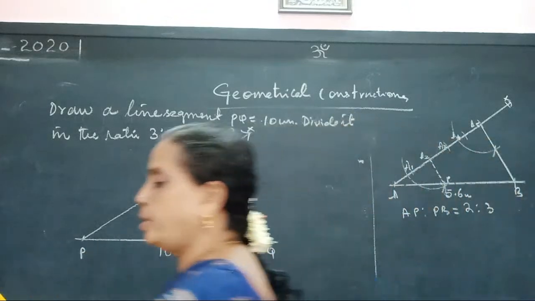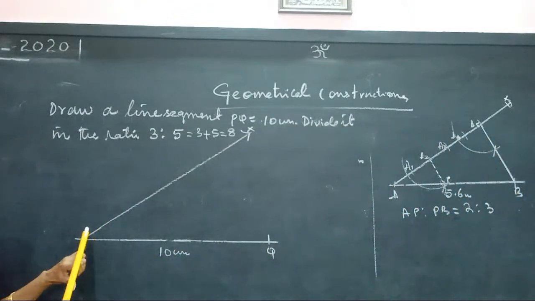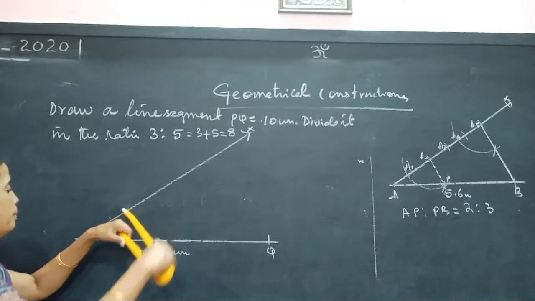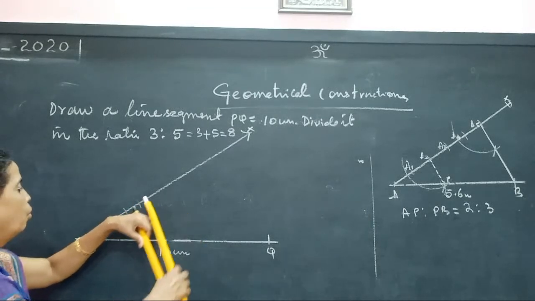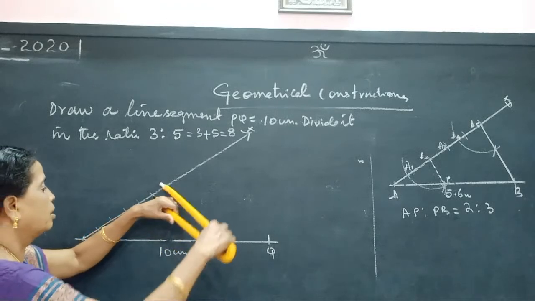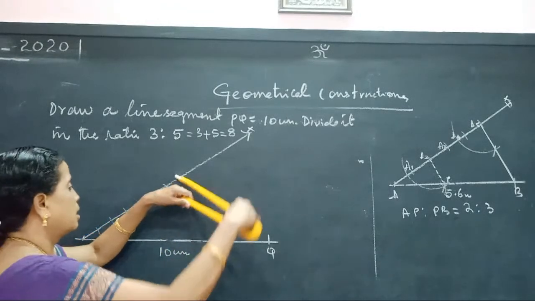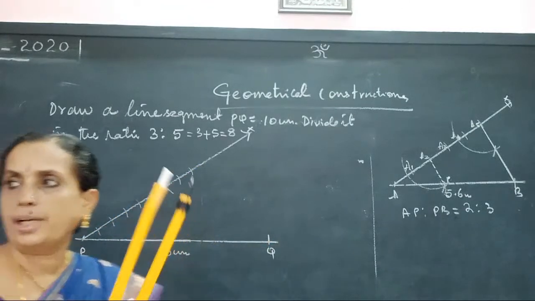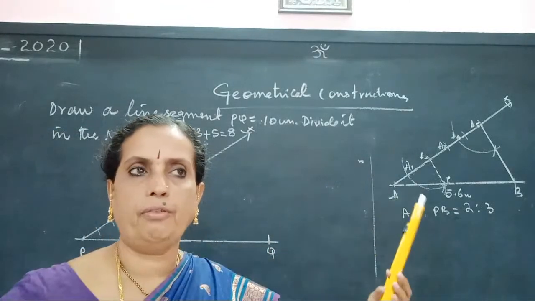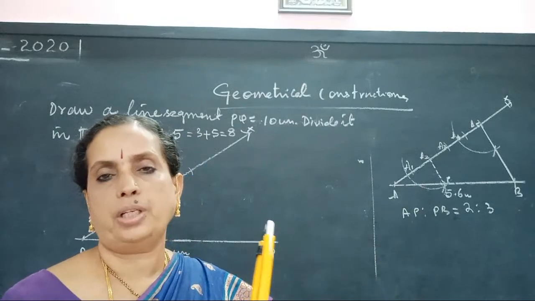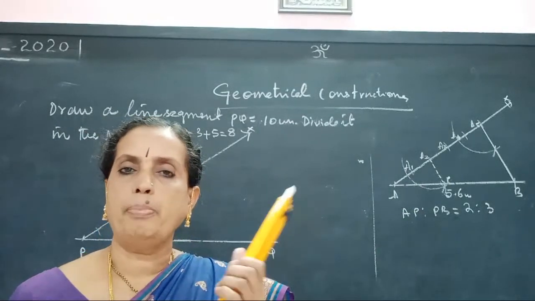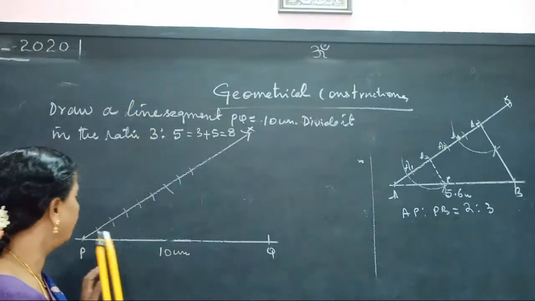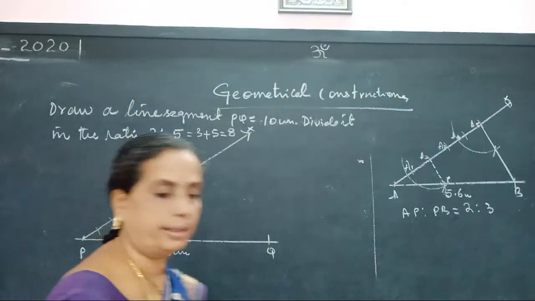So now take your convenient radius, name it as P1, P2, P3, 4, 5, 6, 7, 8. You can extend any width if you want an elongated wide construction. You can take the compass width wider. But all the cuttings should be of the same width.